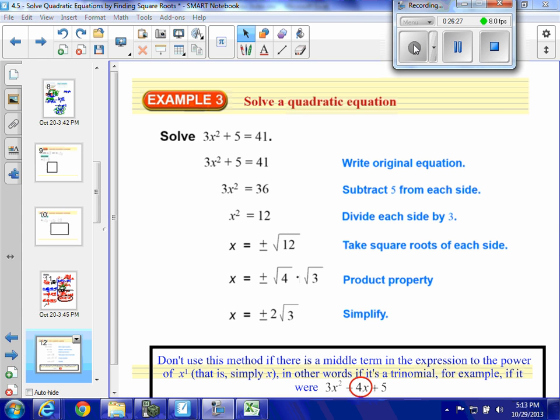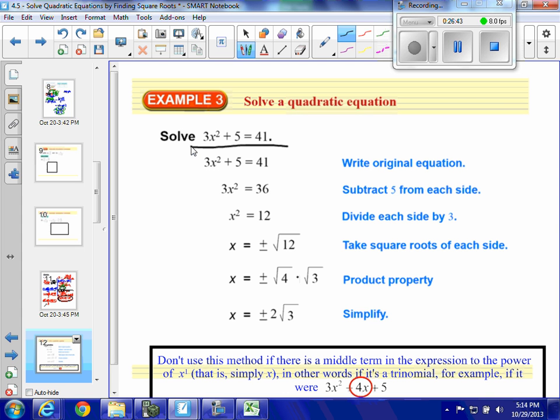So let's move to using this information that we have about square roots now and use it to solve a quadratic equation. Here's a pretty straightforward example. I have the quadratic equation 3x squared plus 5 is equal to 41.